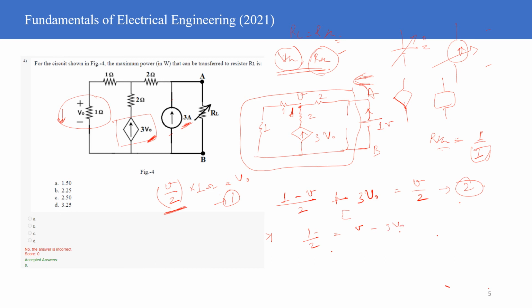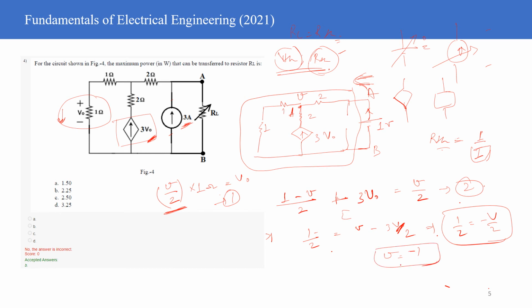What is V naught? V naught is nothing but V by 2. So this will become one half is equal to minus V by 2. This will give you the voltage as minus 1 volt.